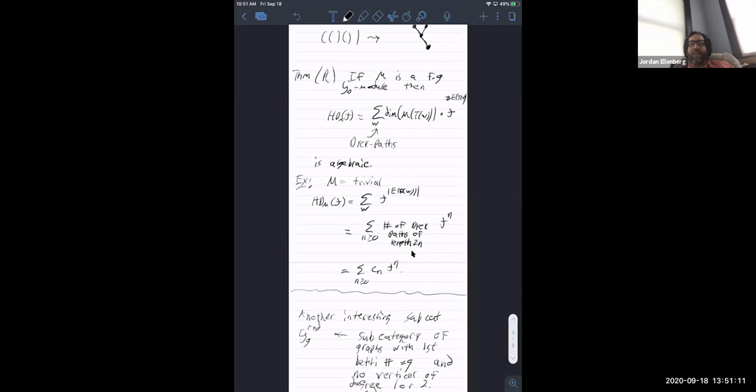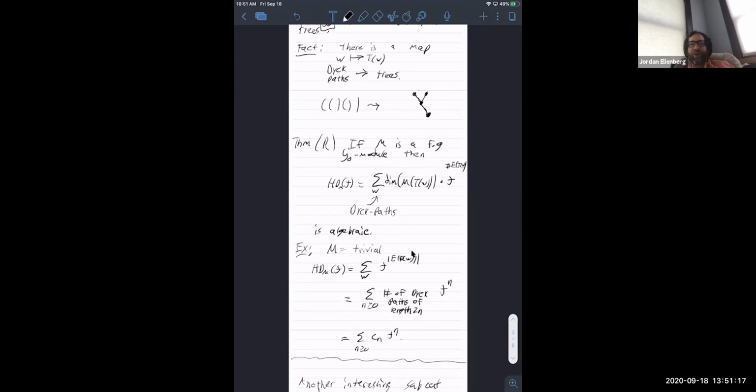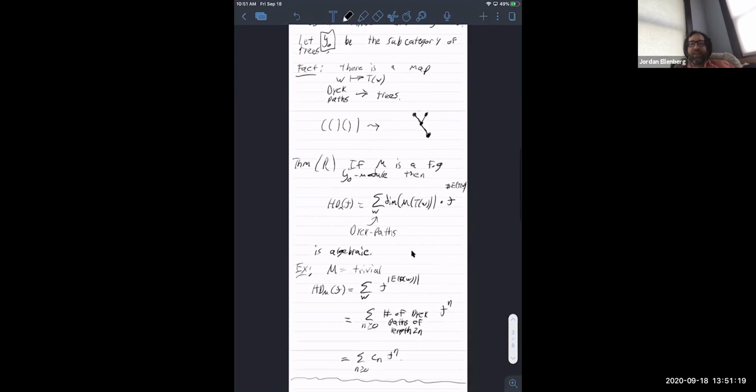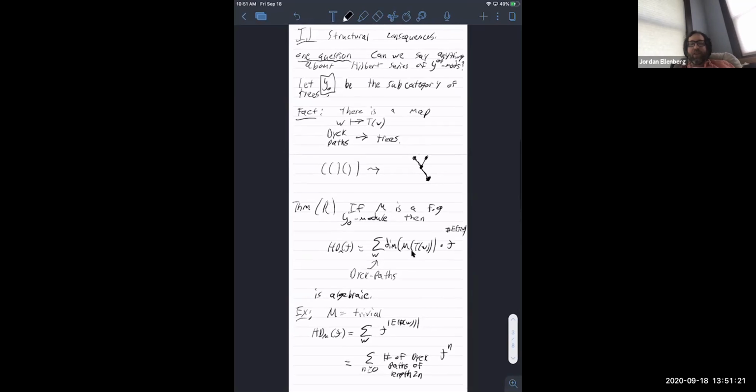I mean, number of edges or something, with some modification to that. So you could imagine that maybe that kind of two variable gadget would be a way to, if you have some module and you track its dimension on every graph, sum that against the Tutte polynomial and get a generating function that you might hope to have some properties. What do you think?